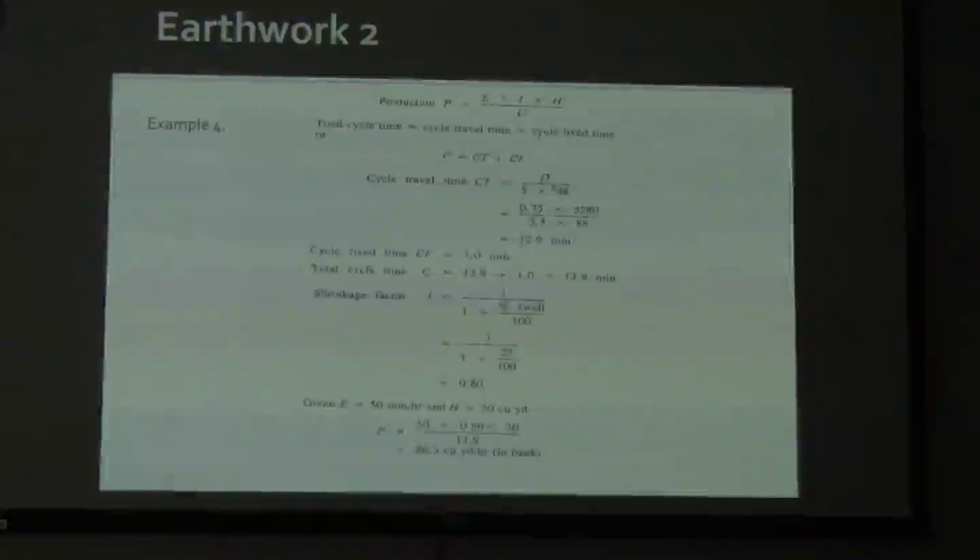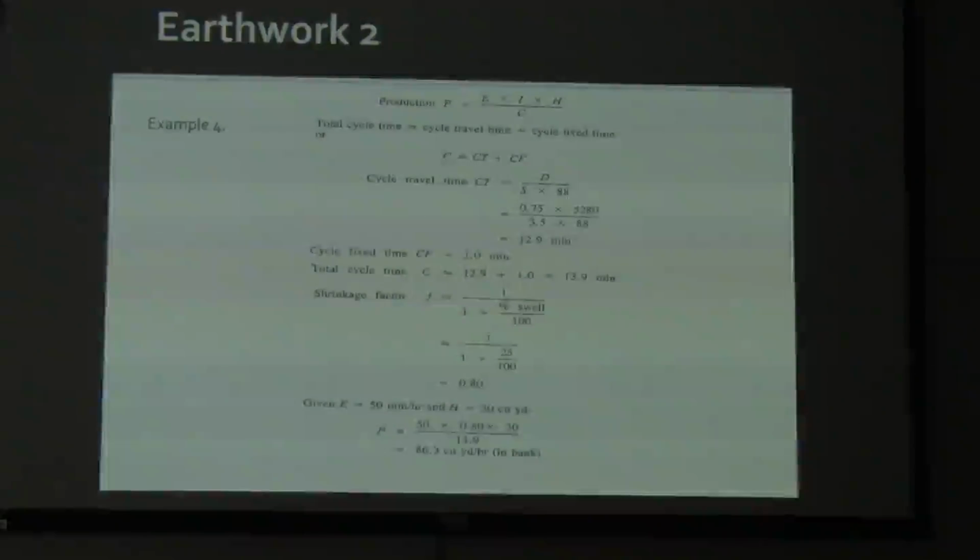Cycle time is distance: 0.75 miles times 5,280 feet per mile, which would give us the distance in feet, traveling at 3.5 miles per hour times 88 feet per minute per mile per hour.